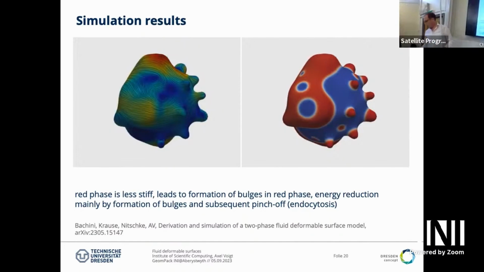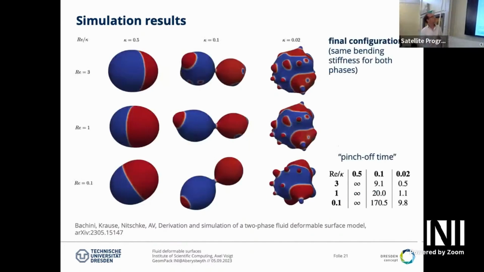However, if we vary the parameters, the bending rigidity for the deformation of the surface goes down in this direction, so it's easier to deform the surface in that direction. It costs most energy in this configuration, and the Reynolds number goes down in that direction.